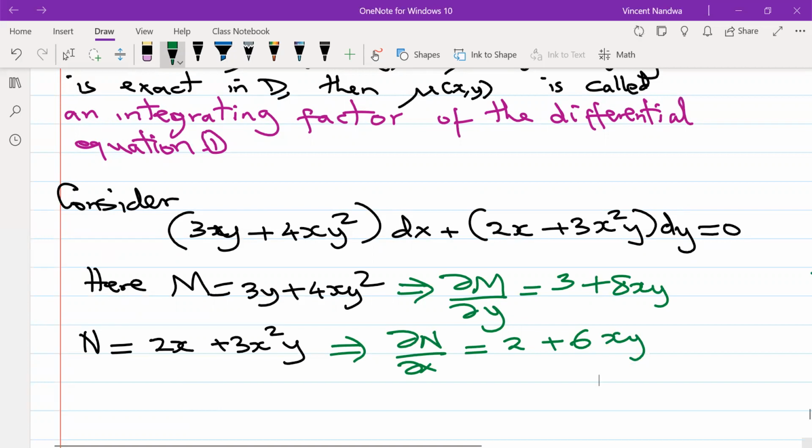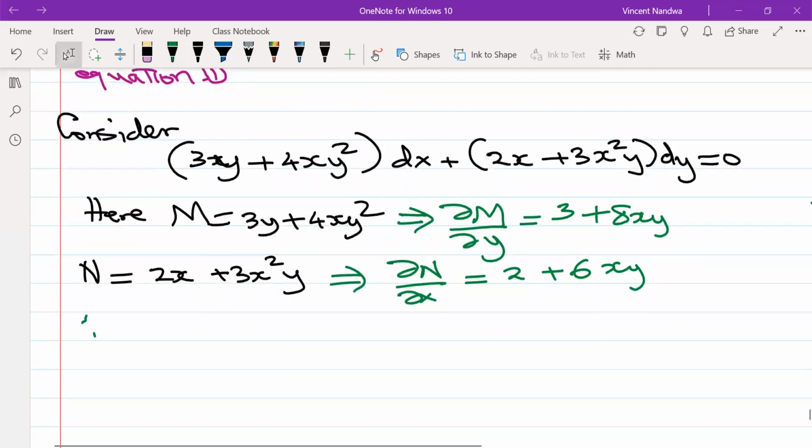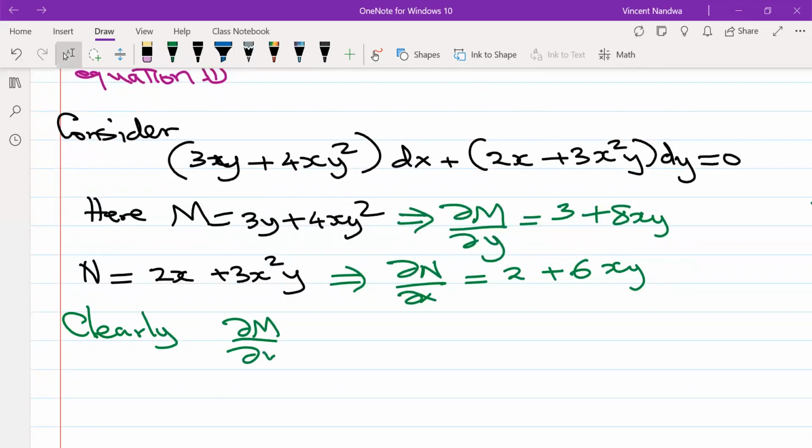Now, clearly, we see that partial M partial y, whose value is 3 plus 8xy, is not the same as partial N partial x, which is 2 plus 6xy.